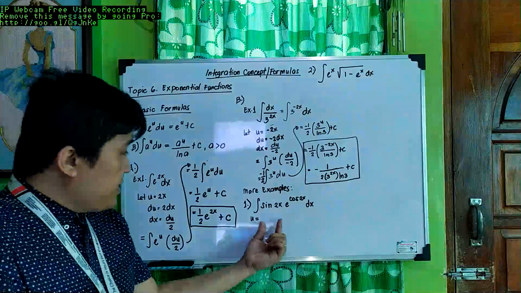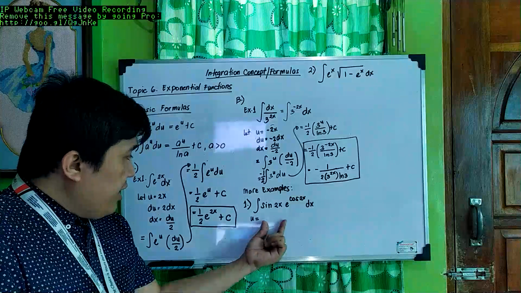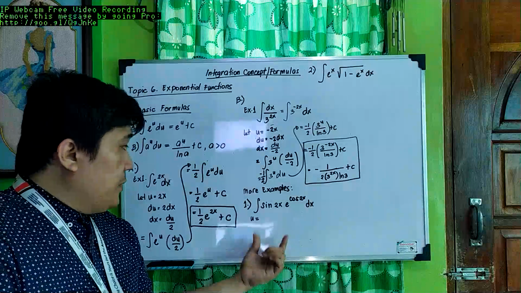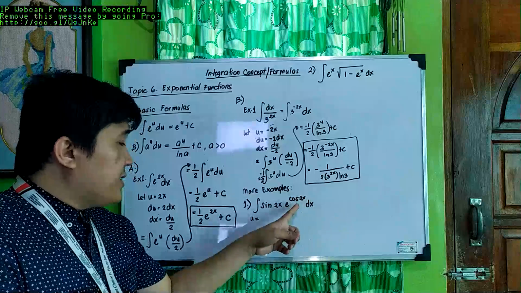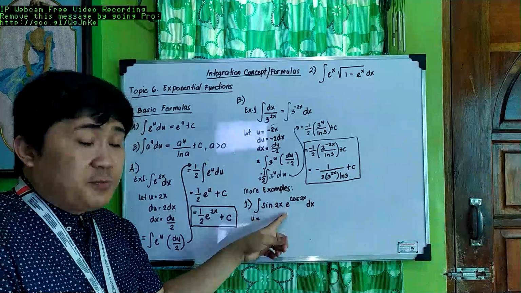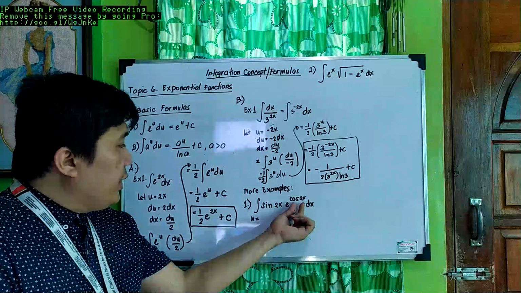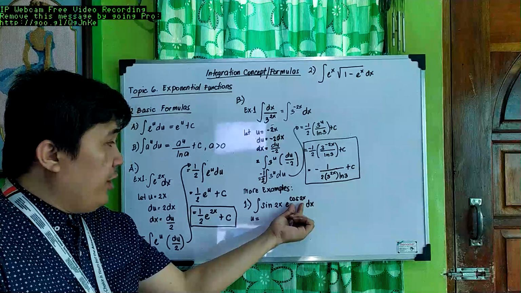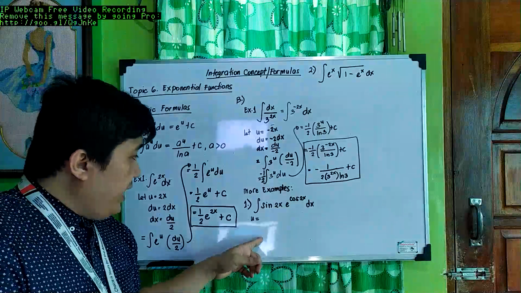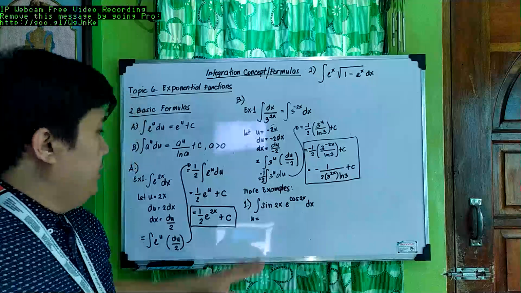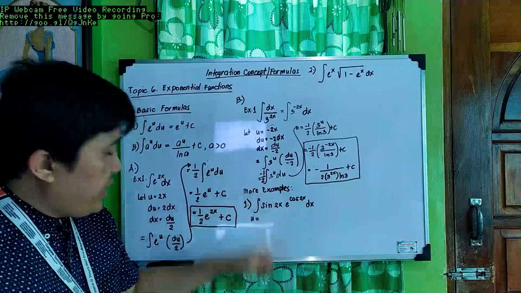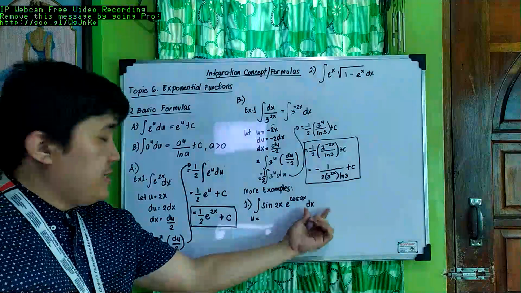Because when we derive sine, it becomes cosine, right? Then, if you have cosine here, you can still cancel your cosine from the power of your exponential. But if u will be cosine, when you derive this one, you will have a sine, and this value could be cancelled from the result beside your dx.